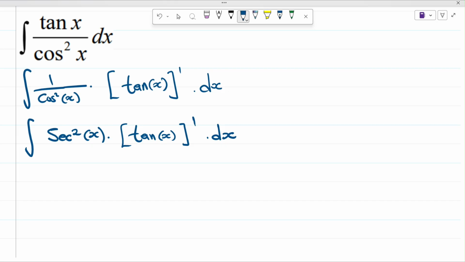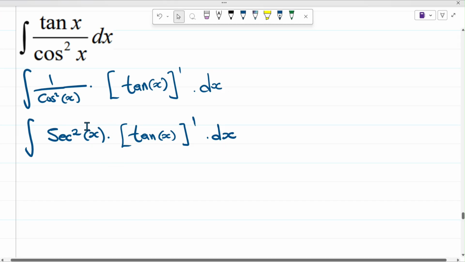So we can see that there is nothing further that we can do, but if we make use of tan x as our f of x, then this could be our f prime of x, right? Because when we differentiate tan, we know that we get sec squared of x. Also our n here is equivalent to 1, so we can make use of the general power rule.